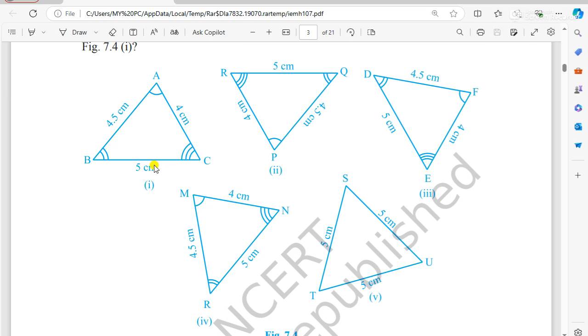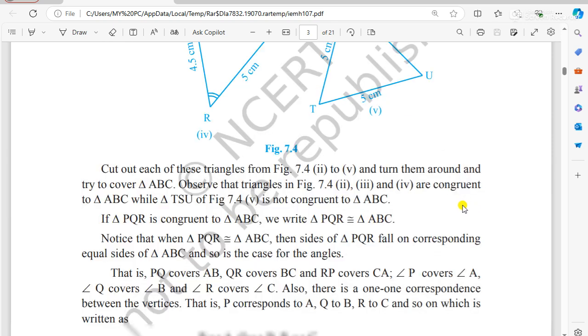If we compare this one, then you see this one, 4 and 4.5, this is EF, 4 centimeter, is equivalent to the corresponding side AC. DF 4.5 corresponds to AB 4.5 centimeter, and BC 5 centimeter, right. In this case you can say that they are congruent to each other, because their corresponding sides and corresponding angles are equal.